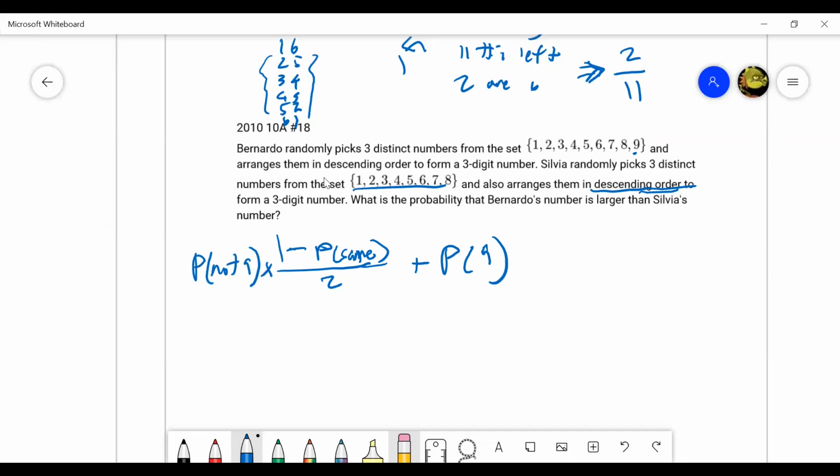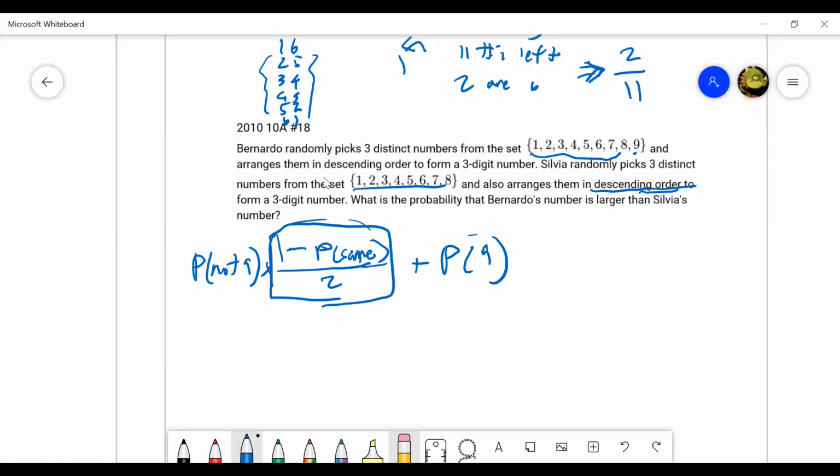So we can write our answer like this, where we have the probability to choose the 9. That's an automatic win, so we just have that as its own. And we have the probability he doesn't choose a 9, times 1 minus the probability of the same, over 2, which is the probability that he's larger given he had to choose from 1 through 8.